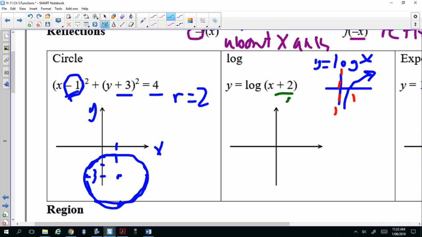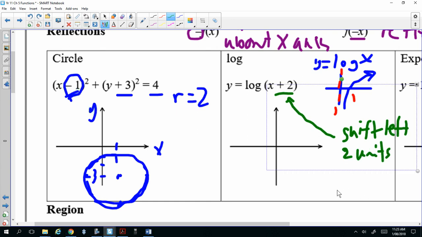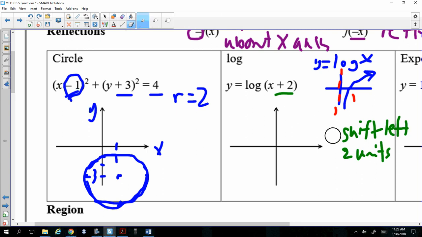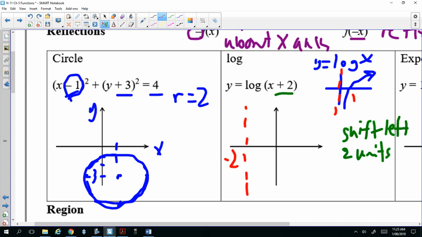So if you shift left 2 units, what you're going to do is draw the asymptote in a new place at -2. And then it's going to intersect at -1. Go like this. And you can find the y-intercept by putting 0 into log 2. Alright, that's the y-intercept.